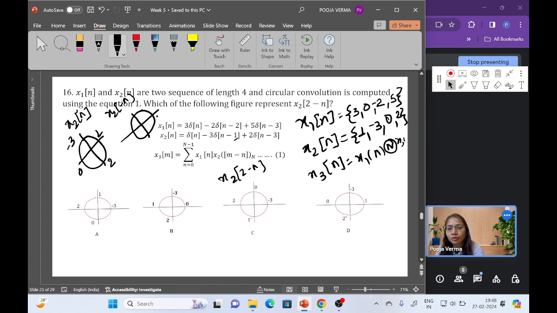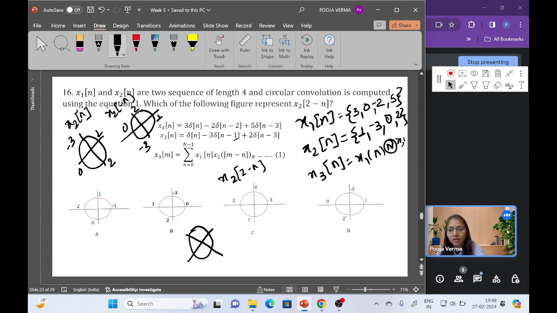Just rotate it anti-clockwise: 1, -3, 0 and 2. Now here a 2-point circular shift is there. So just rotate this by 2 points. Then we will see which option it is matching.